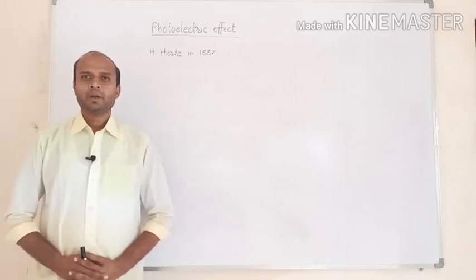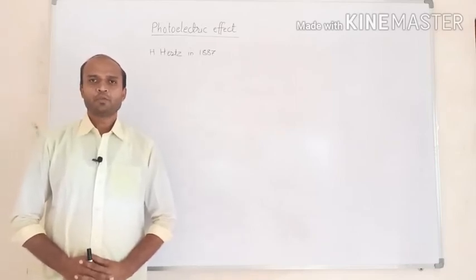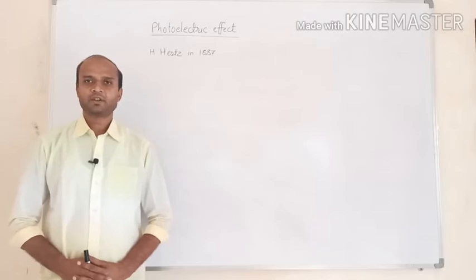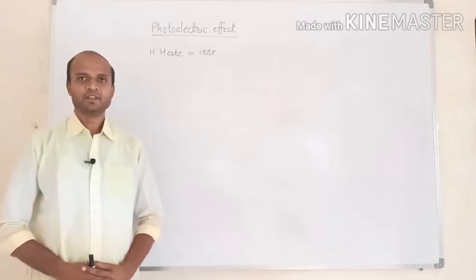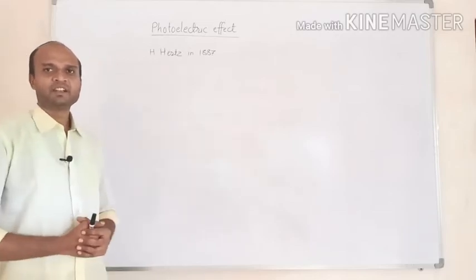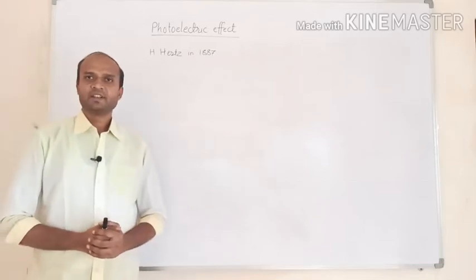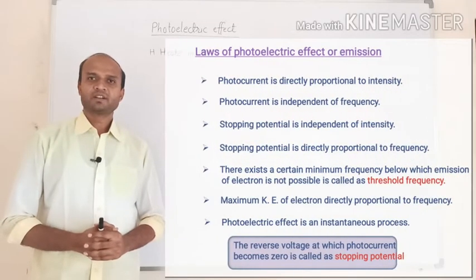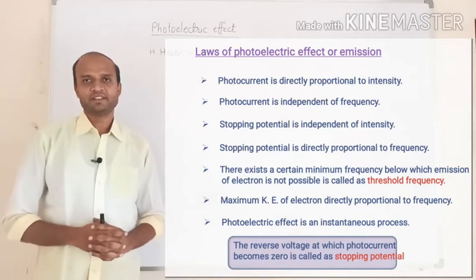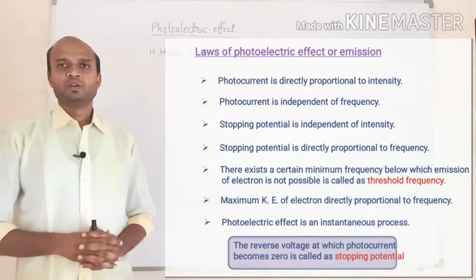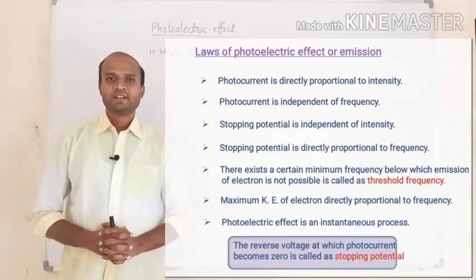Now we have to study the laws of photoelectric effect or photoelectric emission. Laws are nothing but the conclusions from the experimental results we have discussed. So what are the conclusions?